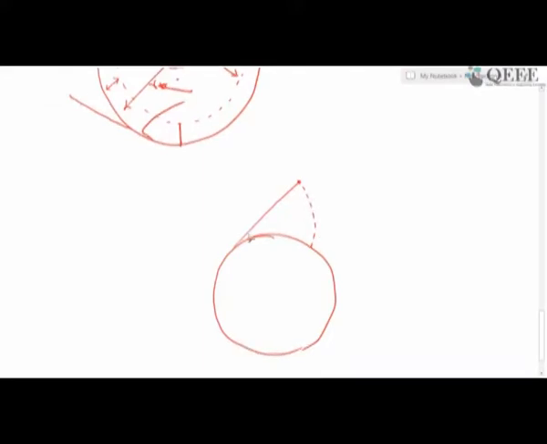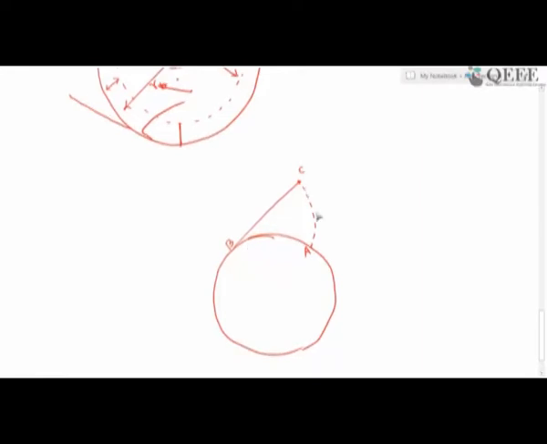Now the question is whether this length, let's call these points A, B and C. In the position that has been shown, the length of the string which has been unwound is BC, right?